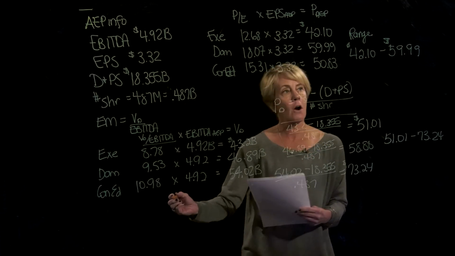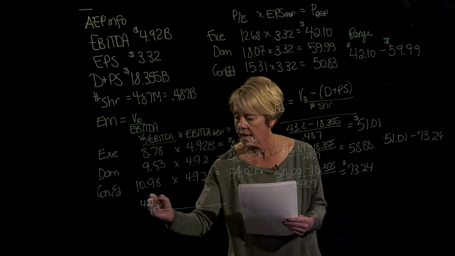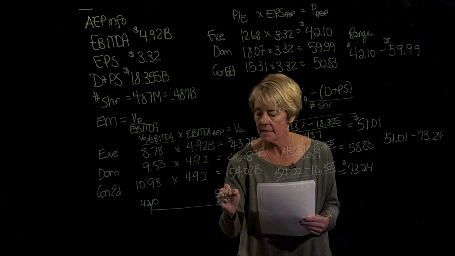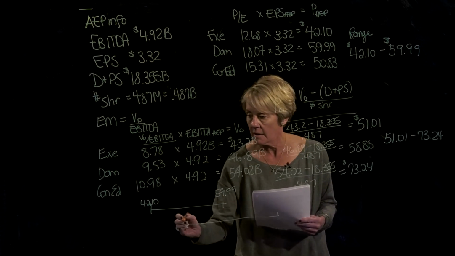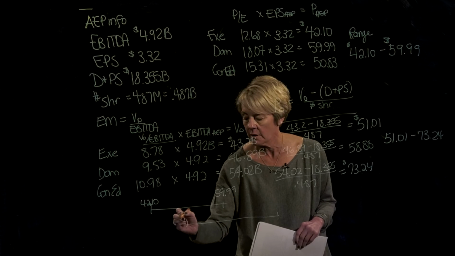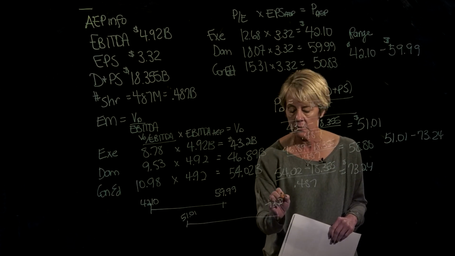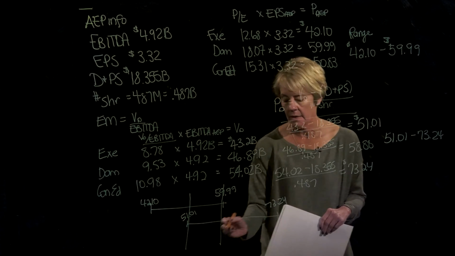So let's look at where the overlap is. We go from 42.10 to 59.99 using the PE ratio, and then using the enterprise multiple, we go from 51.01 up to 73.24. So our overlap area is this part in common here.